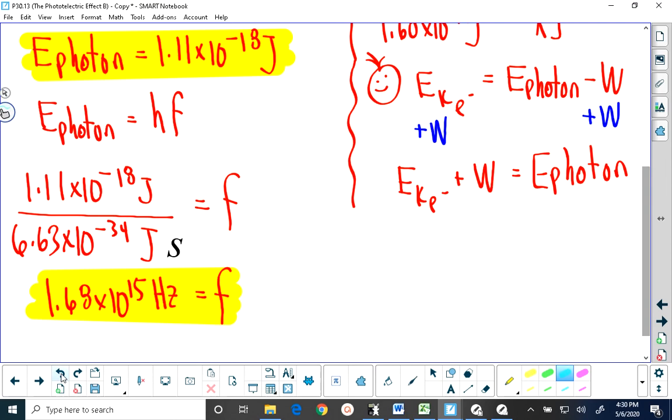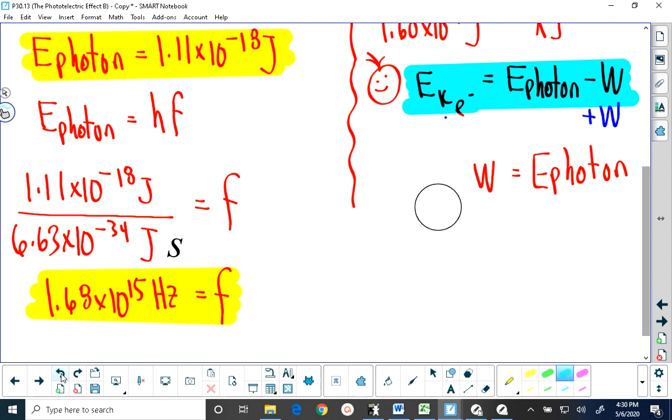So again, the photoelectric effect really is summarized best in terms of calculations in this statement here, that the kinetic energy of an electron equals the energy of a photon minus the work function. In fact, I'm going to get rid of this other stuff.